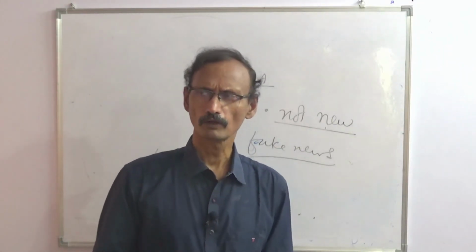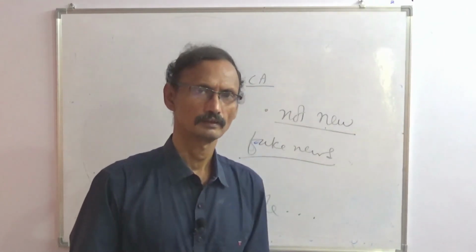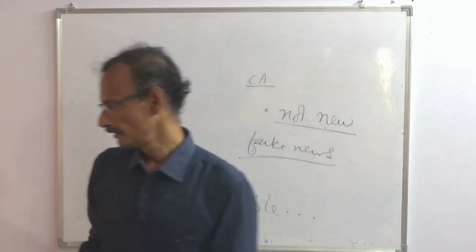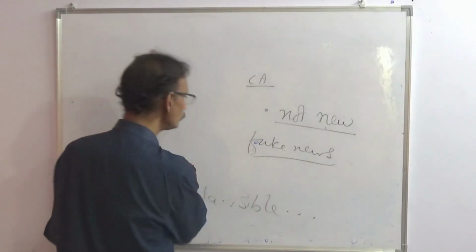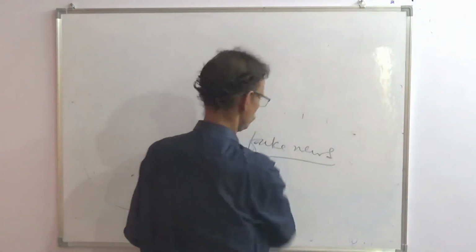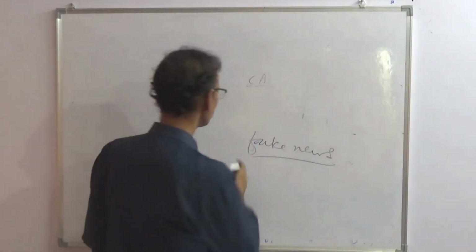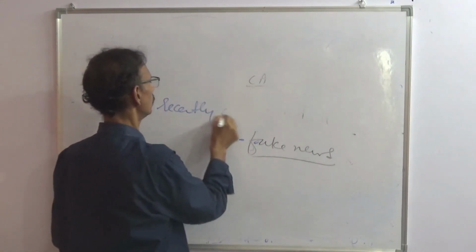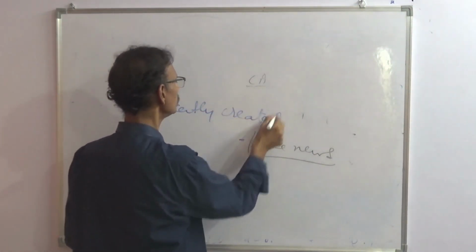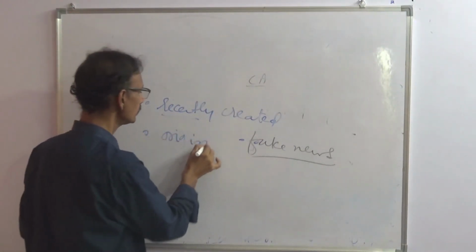So, what is truth and what is fake news? Essentially, what we are recognizing as fake news, I want you to understand, is something recently created. You can even investigate the origins.